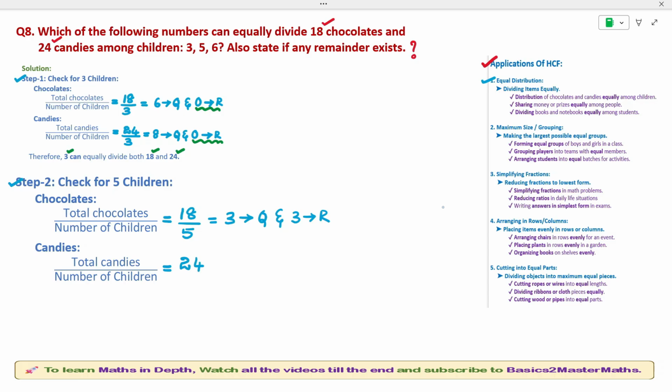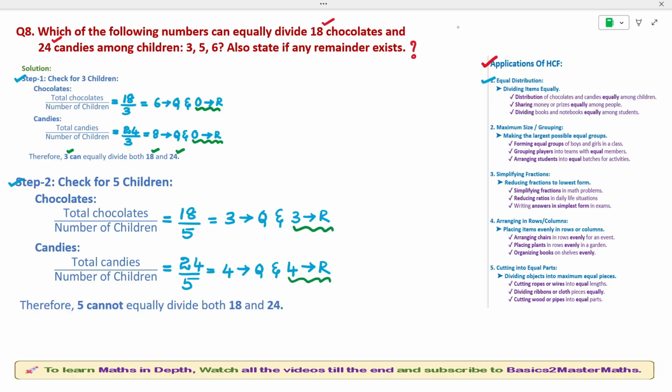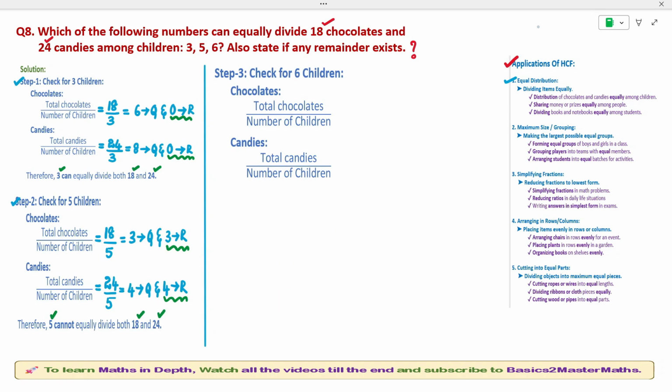That is 24 divided by 5 gives you 4 as the quotient and 4 as the remainder. Since the remainders are not equal to 0, 5 cannot equally divide both 18 and 24.